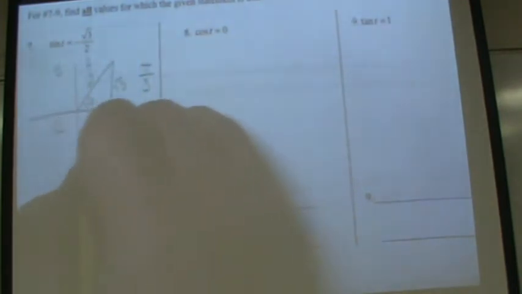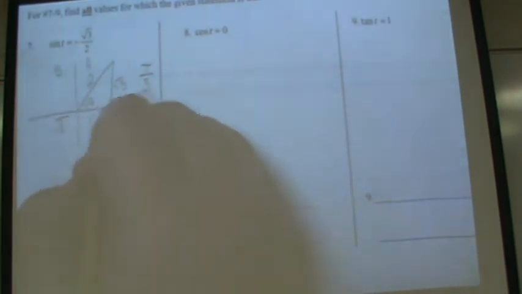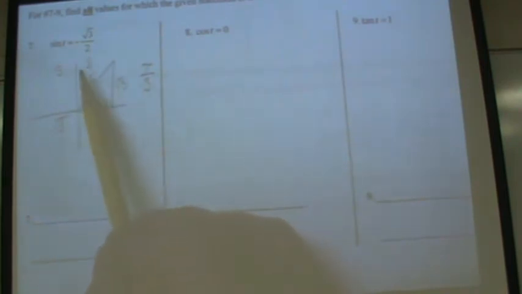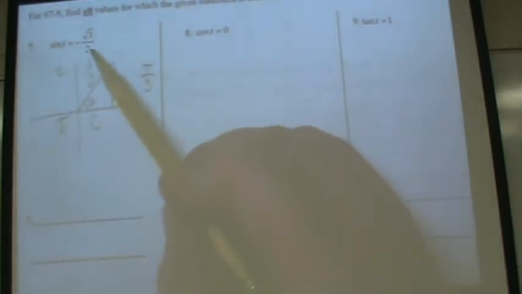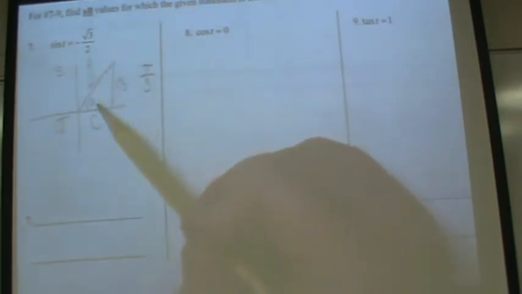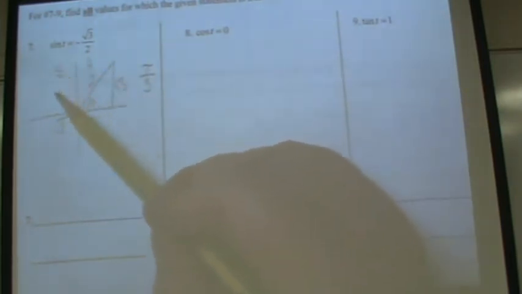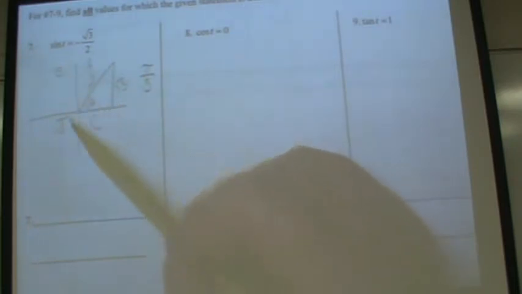So an easy way to remember that is using ASTC. And a way to remember that is all students take calculus. That tells you the quadrants. And what this tells you is that in quadrant 1, all of your trig functions are positive. In quadrant 2, only sine is positive. In quadrant 3, tangent is positive.